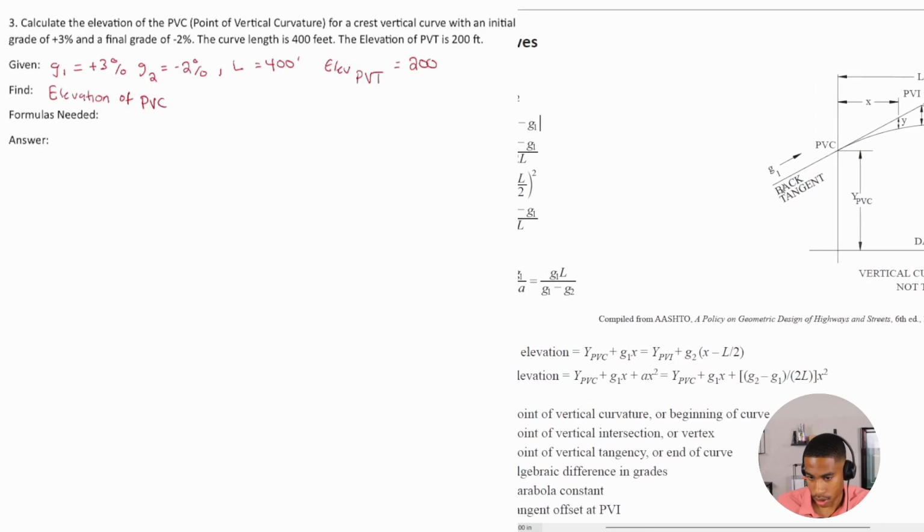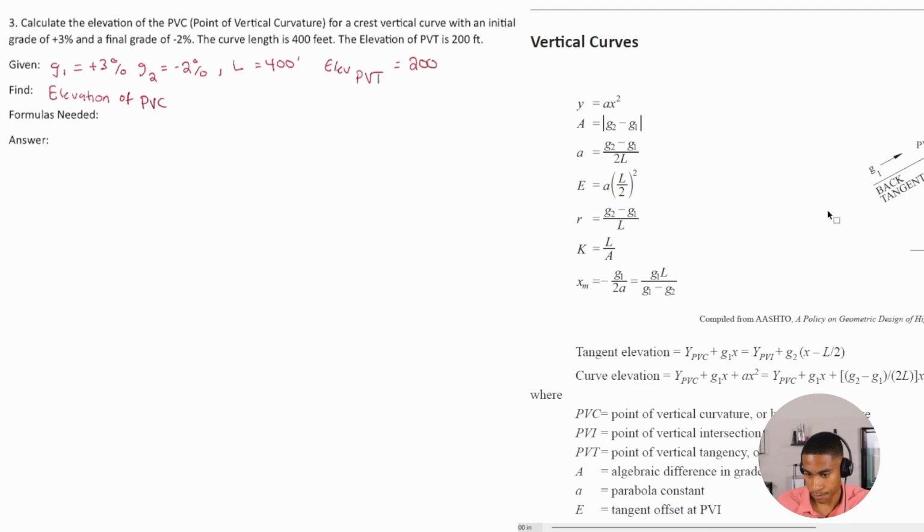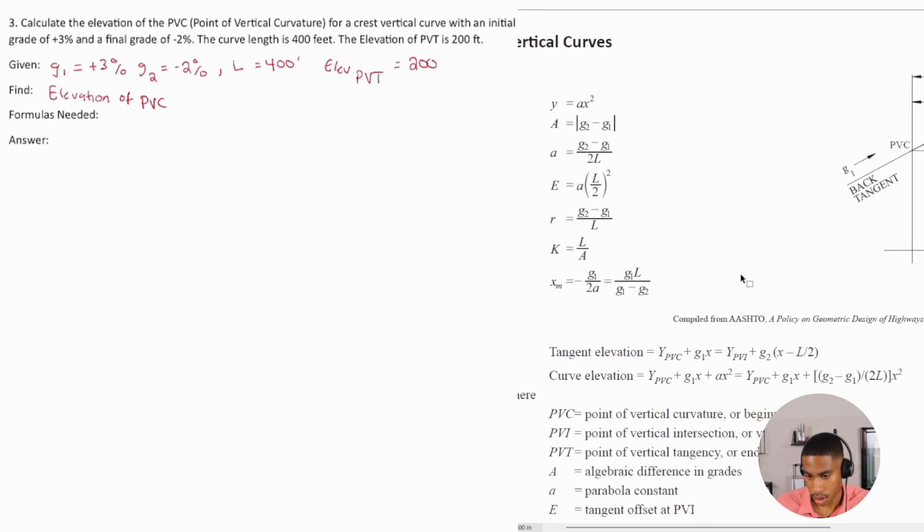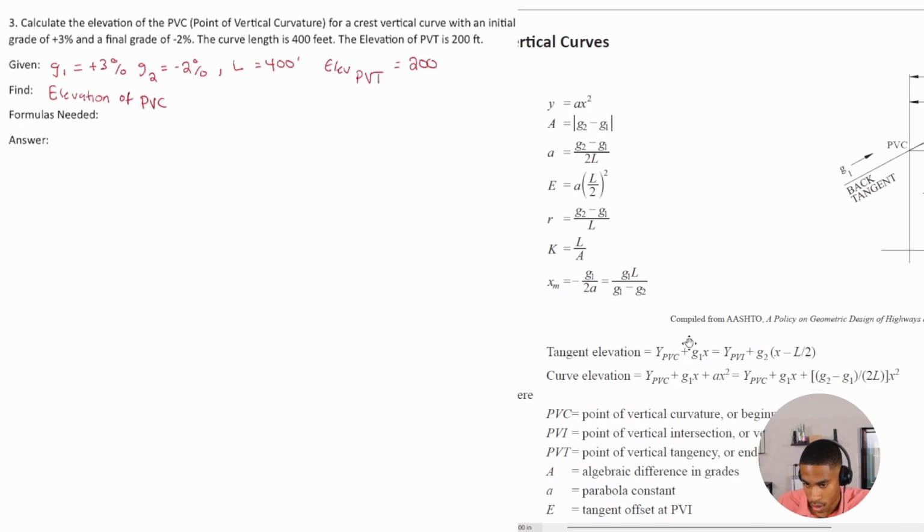All right, so how do we get the elevation of this initial point of vertical curvature? All right, so PVC. So we have, let's take a look here. We'll start with, I guess we have the tangent elevation, all right?